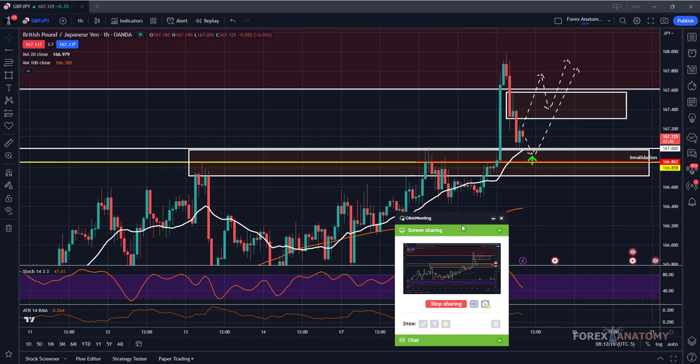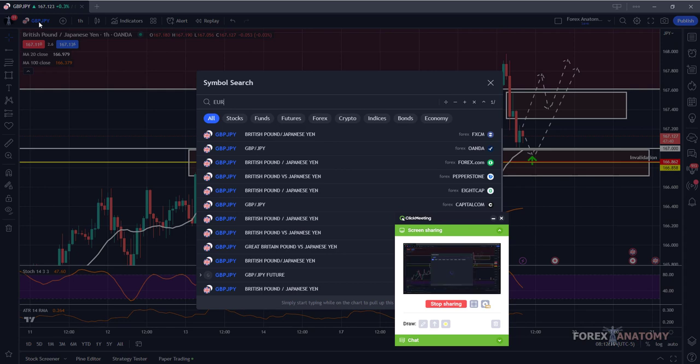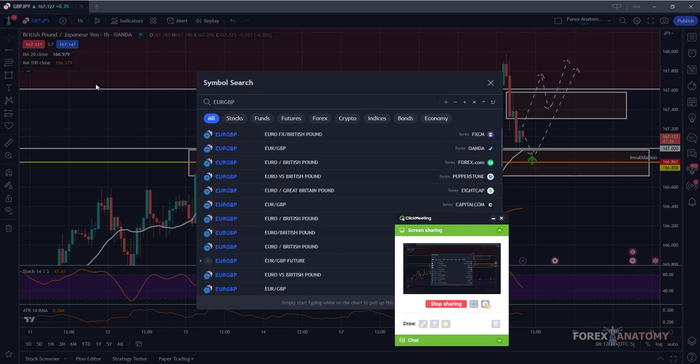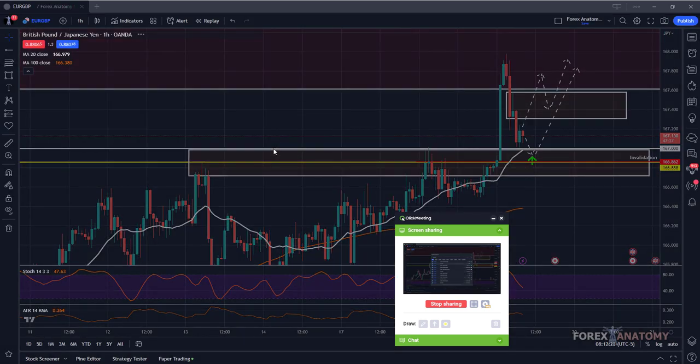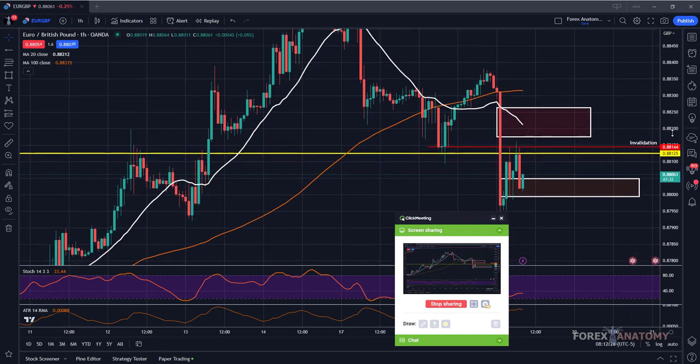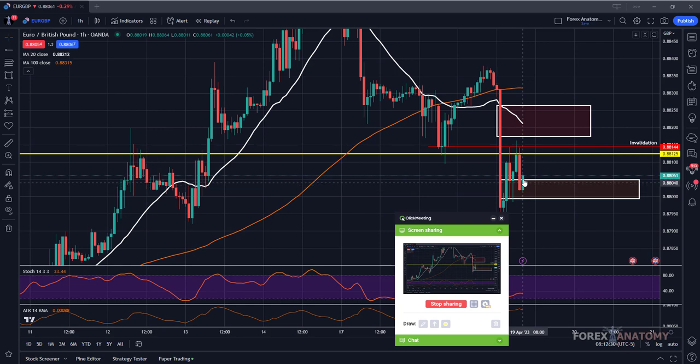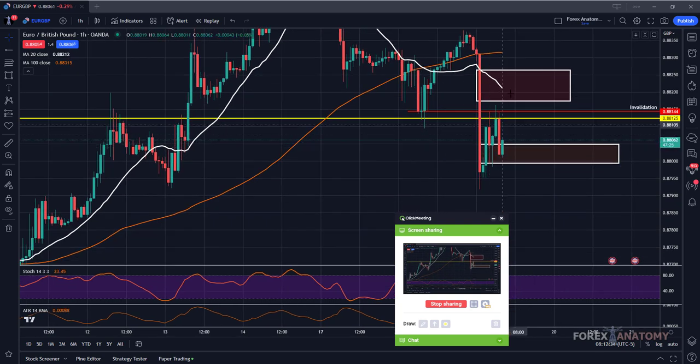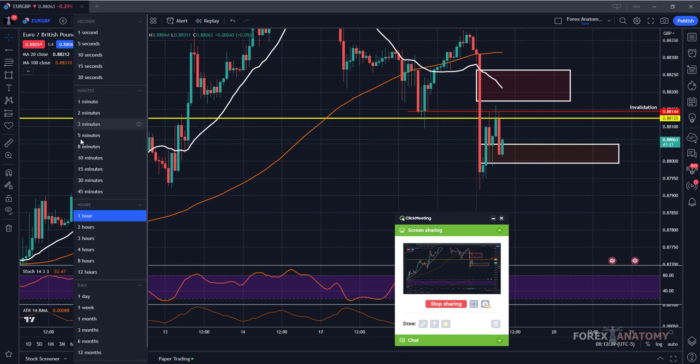Okay, and then from there we did look at euro pound, and I think that is probably looking somewhat similar. Yeah, this is the move we were looking for. Price reacting to this low, and we're going to see that C leg expansion higher. Remember, that's what we're looking for, that C leg. You go to the 15-minute chart.